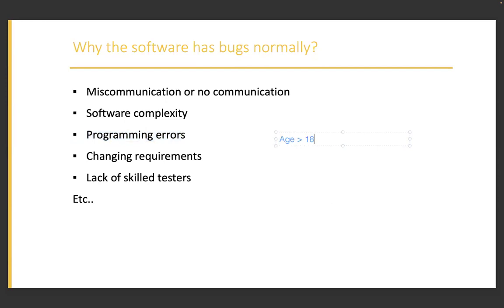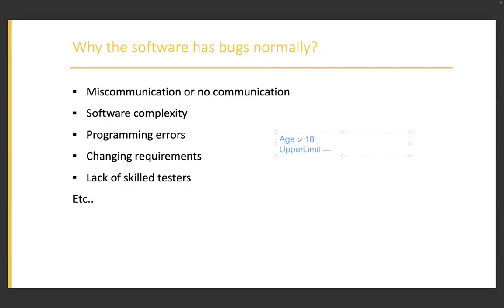The developer has already shared that you need to enter a value greater than 18 into the age field. But the thing is, they have not given the upper limit. They missed the upper limit, guys.